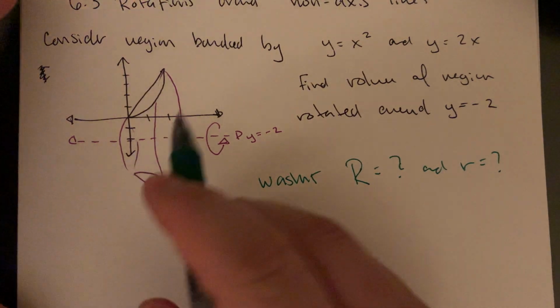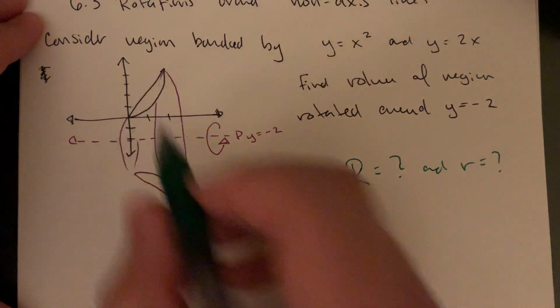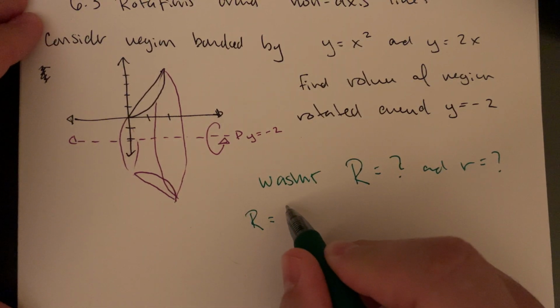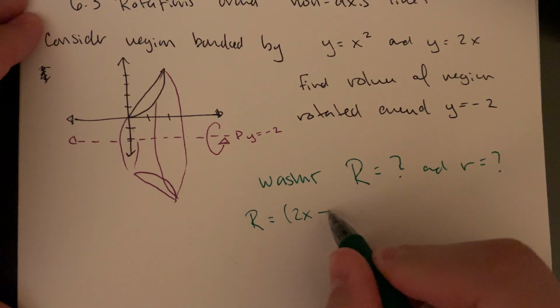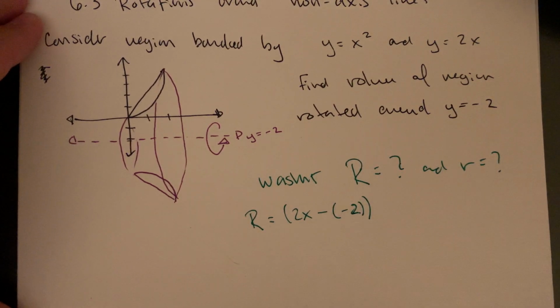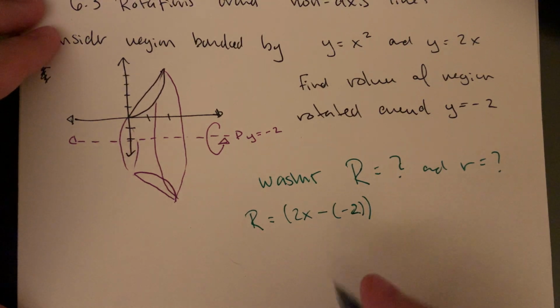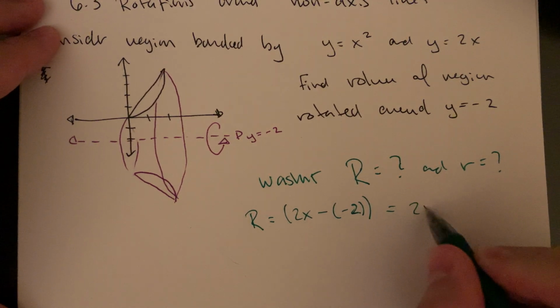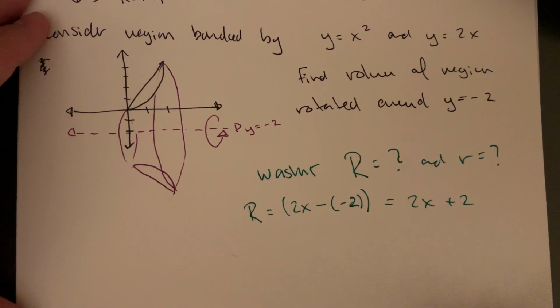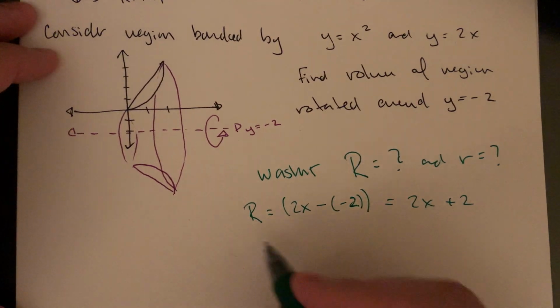So the outer radius would be the distance between 2x and negative 2. So your difference there would be 2x minus negative 2. But of course, that's just 2x plus 2, right? It's 2x plus the 2 extra units that you're getting underneath.